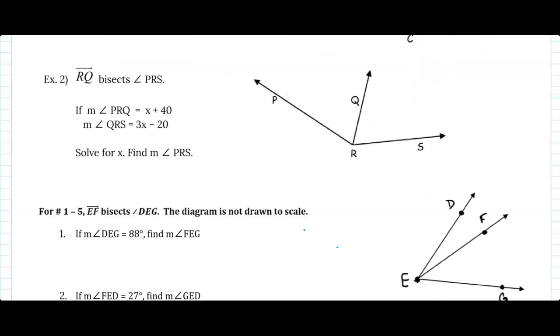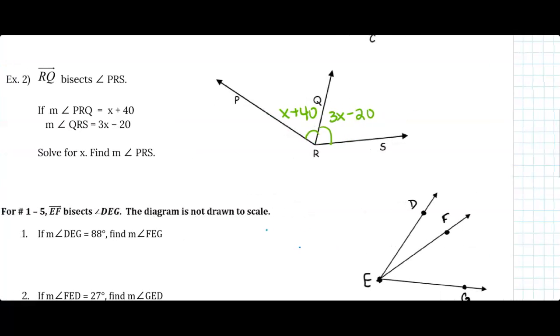Moving on to example 2, ray RQ bisects angle PRS. We can label that these halves of the angles are congruent with our little congruent arcs. Then let's label that the measure of angle PRQ is x plus 40, and the measure of angle QRS is 3x minus 20. From there, we want to say what statement we can make.